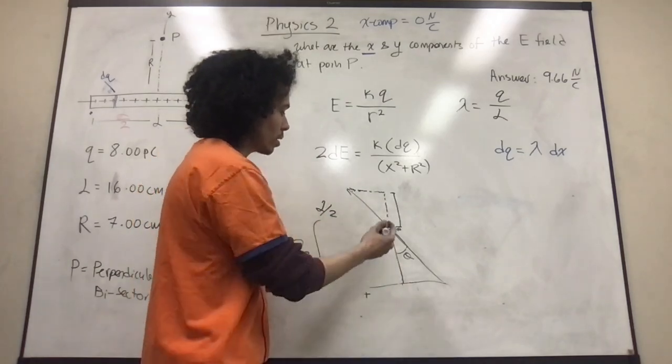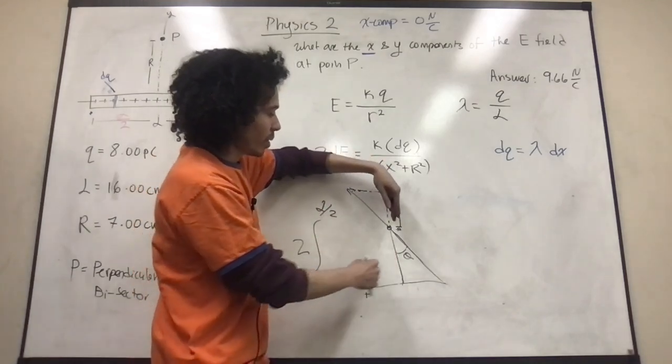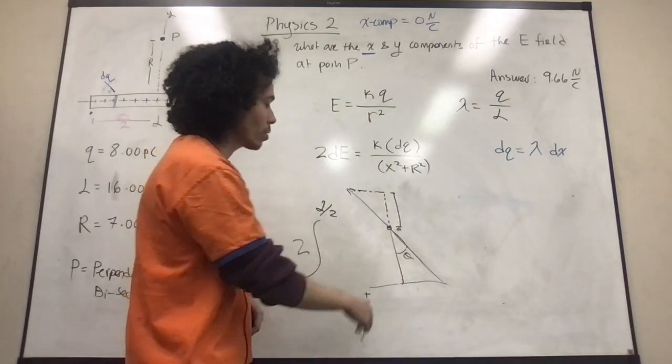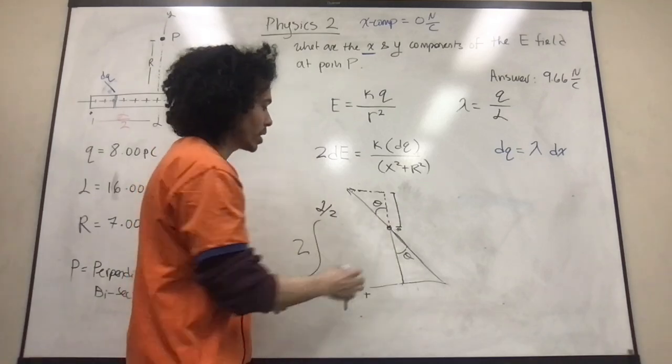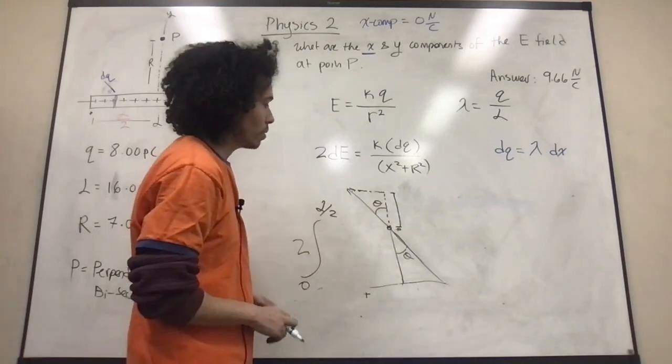We know that whenever we have two perpendicular lines crossing each other at an angle, the angle also gets mirrored onto the other side.